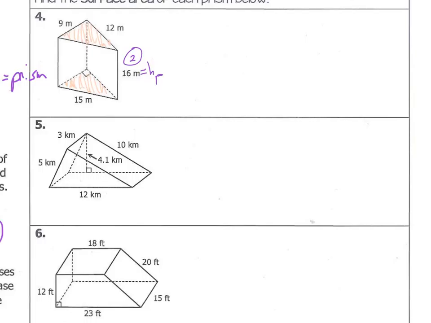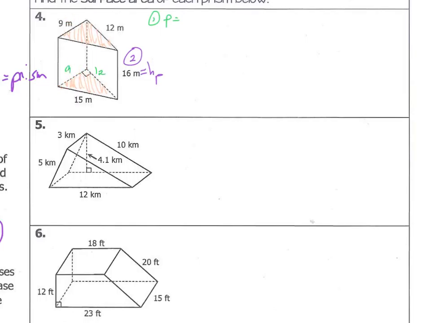The first thing that we need to find, though, is perimeter. So perimeter, I need to be able to walk around my triangular base. Do I have all three sides? I don't see them. What's this one? I can bring that 12 down, right? So I'm going to bring the 12 down. And what's this one? I'm going to bring that 9 down.